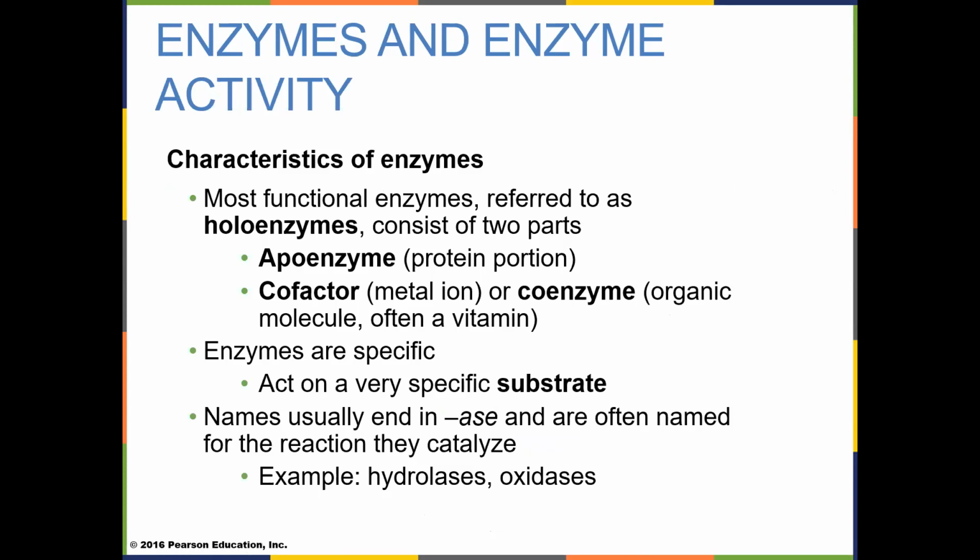The cofactor or coenzyme is just part of the structure. They make the overall enzyme work. The protein depends on either a metal ion or a molecule from a vitamin. Vitamins are coenzymes. Vitamins make these chemical reactions go faster. That's why we take vitamins.